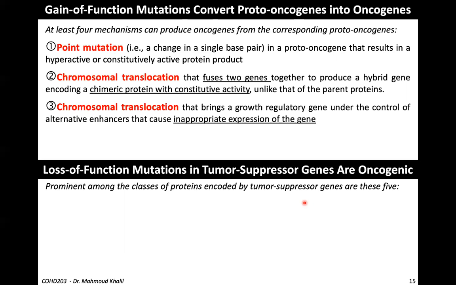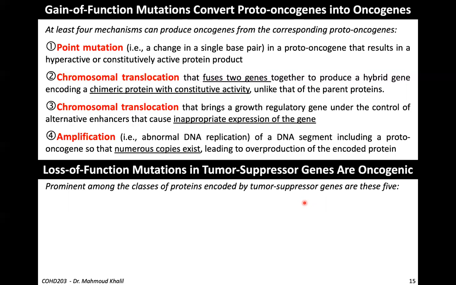The chromosomal translocation as well can bring a growth regulatory gene under the control of alternative enhancers that cause inappropriate overexpression of this gene, which gives a growth signal that may lead to continuous, uncontrolled division.